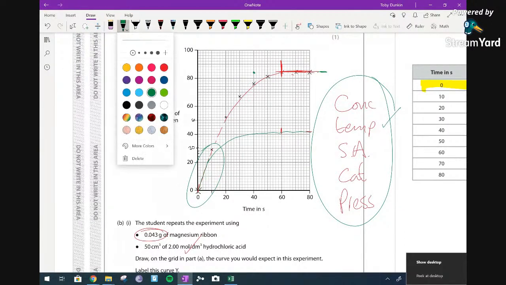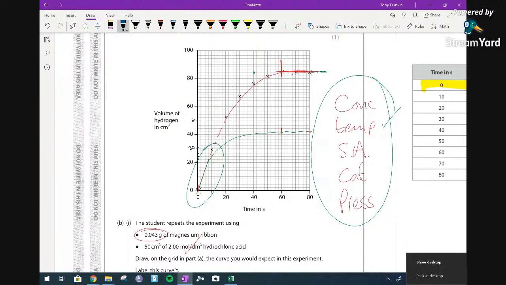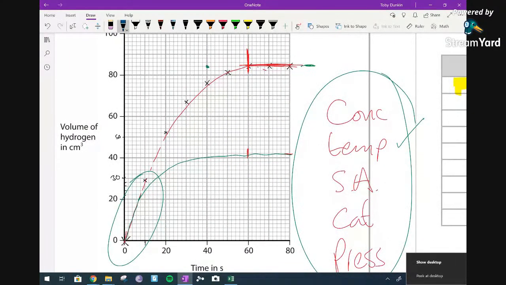So I'm going to switch this now to blue. Right, so I need to go up steeper. Oh, I'm going to try and do that again. And I'm done. So I've gone up at a steeper angle. That's the temperature's impact. It's going to increase the rate of reaction.